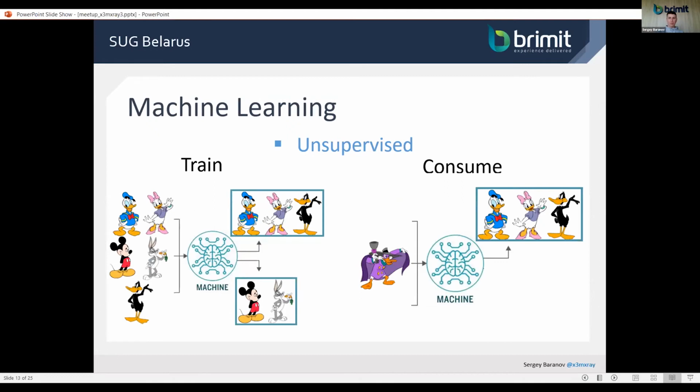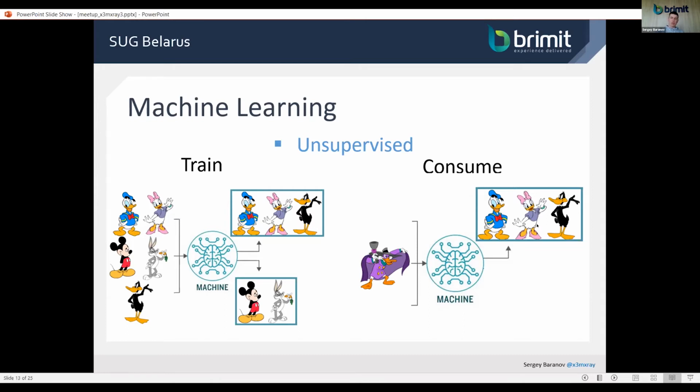And the third type of machine learning algorithms is unsupervised machine learning. In this case, you don't need to have any labeled data. You don't need to identify your churn customers before you train your model. Your machine learning algorithm can split your customers into several groups itself only by comparing information that you provide in features.